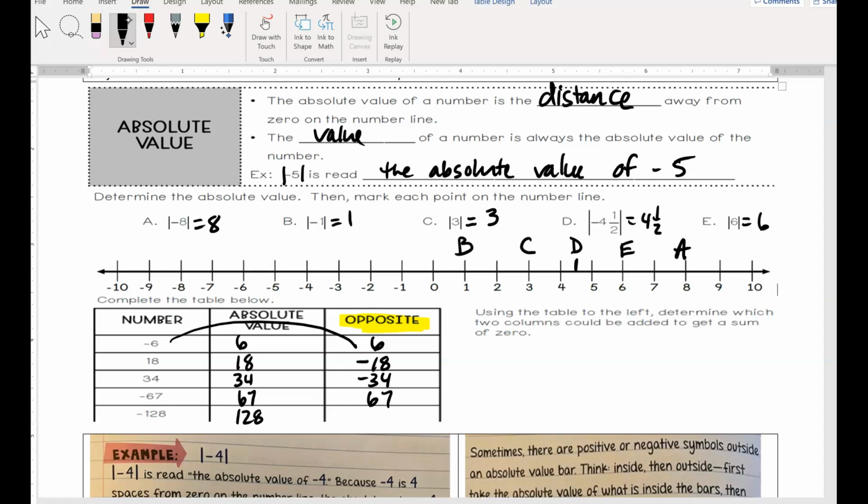The opposite of -128 is positive 128. So it's important to remember that the absolute value is always going to be positive and it's the distance from zero, whereas an opposite is simply the opposite of the number that we've been given, whether it was positive becoming negative or it was negative becoming positive.